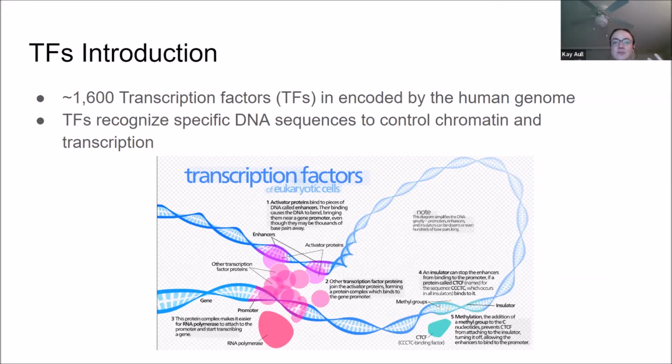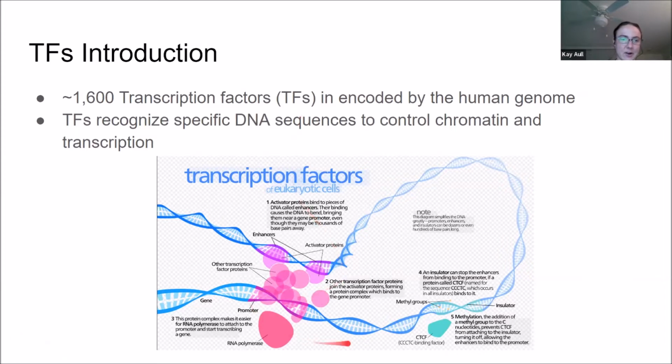They recruit the transcription assembly to make this gene go, if it's an activator. A repressor recruits repressive assemblies, brings in the repressive factors, and modifies that area of the genome to say, nope, I don't want to be able to transcribe this anymore.